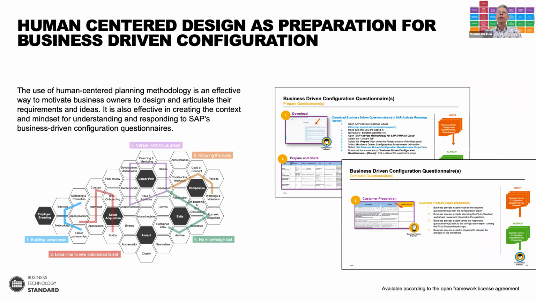But it's still very important that the business people who do need to answer such a questionnaire are really understanding the context when they start to answer that. So we have in the BT Standard this human-centered planning. We propose it as a way to capture demand in a more holistic way. And using that type of methodologies will also prepare an organization far better to use this type of configuration questionnaires.